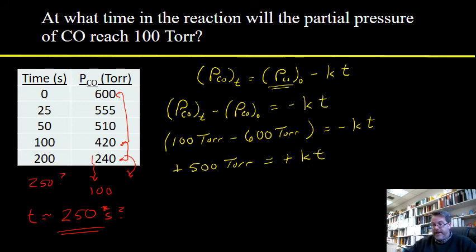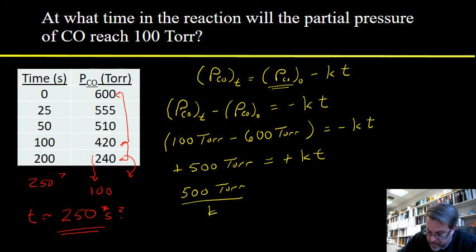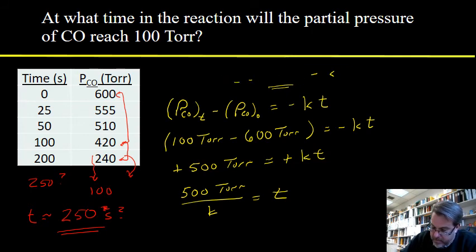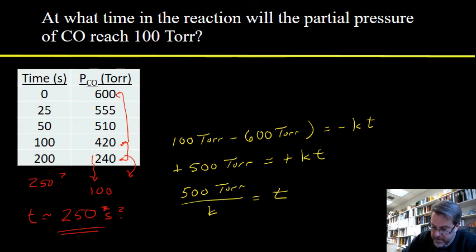And we'll get 500 torr equals kt, and then we can divide both sides by k. And we calculated k a little bit ago. k was 1.8 torr per second. All right.